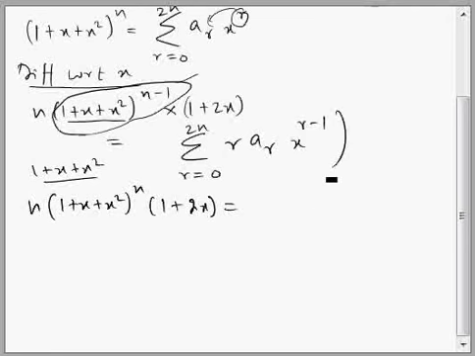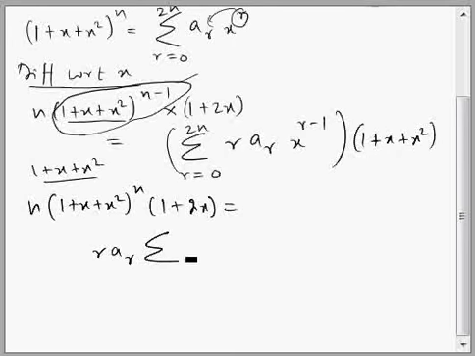So you multiply this with 1 plus x plus x square. The first term will be sigma of r ar x to the power r minus 1, where r varies from 0 to 2n.